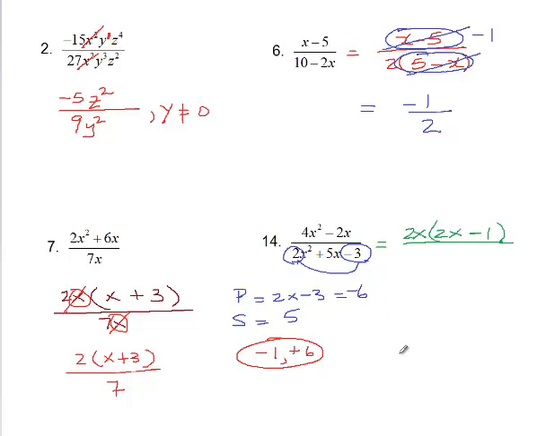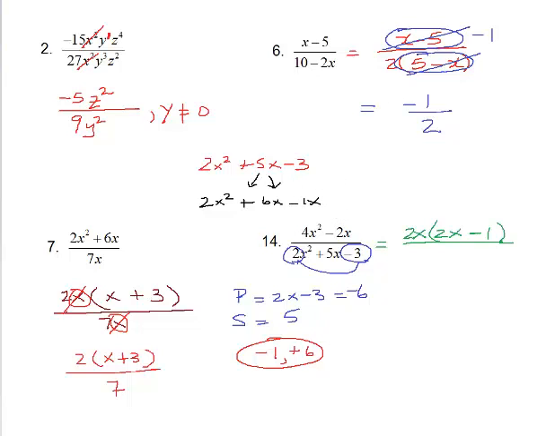Now, how do we finish factoring that trinomial? Watch. So I have 2x squared plus 5x minus 3. Now, I found the two numbers, and that's what I split this into. I split that into 2x squared plus 6x minus 1x. It doesn't matter the order.